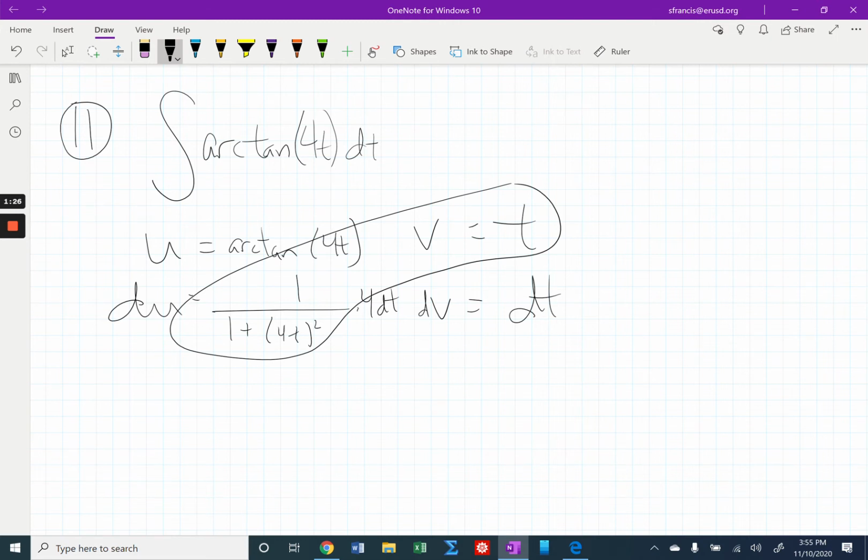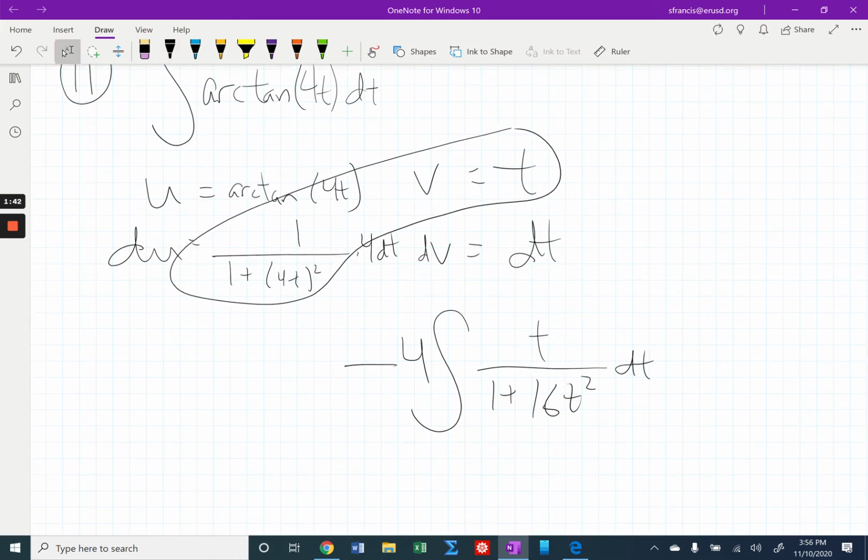You can move the 4 outside, and then it's going to be t over 1 plus 16t squared dt. Then I would just let w be the 16t squared, and the rest should work itself out fairly well for you.